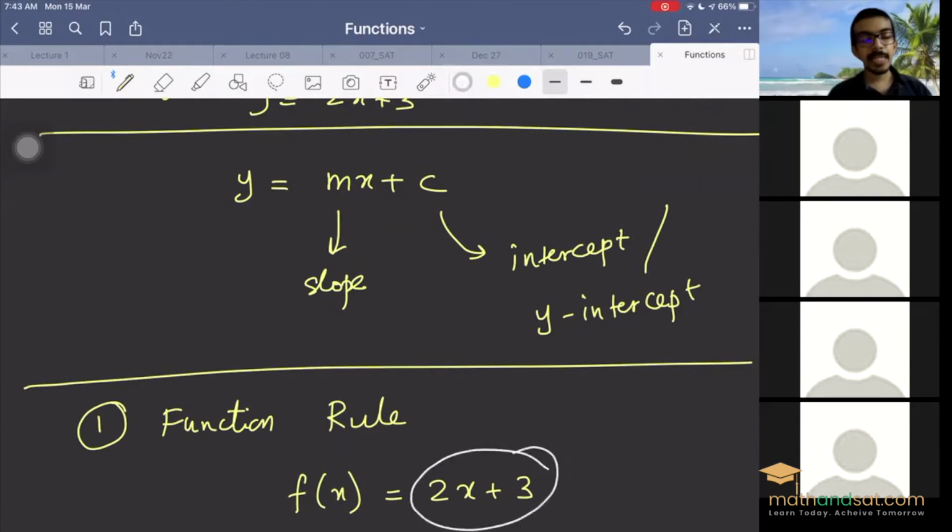If this is a linear expression or a linear polynomial, we say this is a linear function. Simple. So by looking at the function rule, how can you tell it is a linear function? If it is a linear function, we have a linear expression on the RHS. That's all.